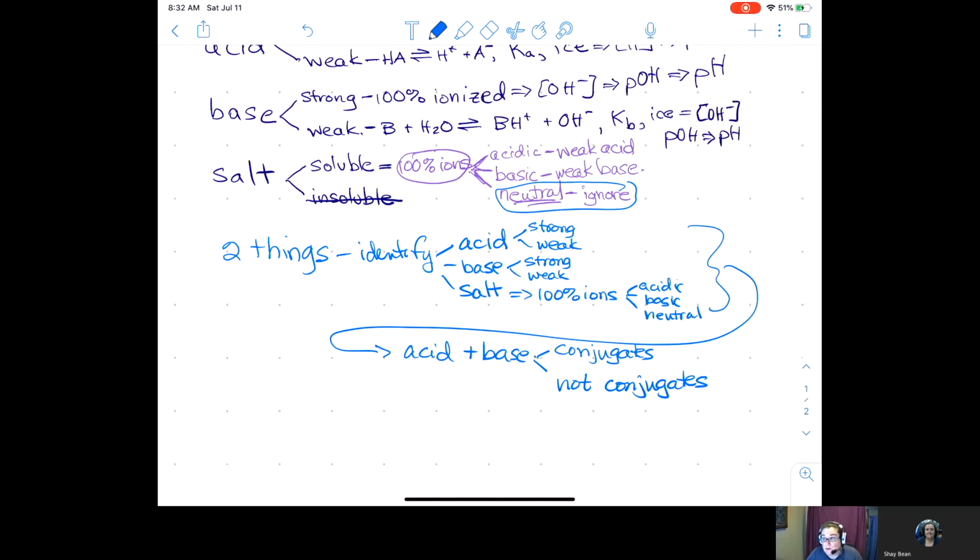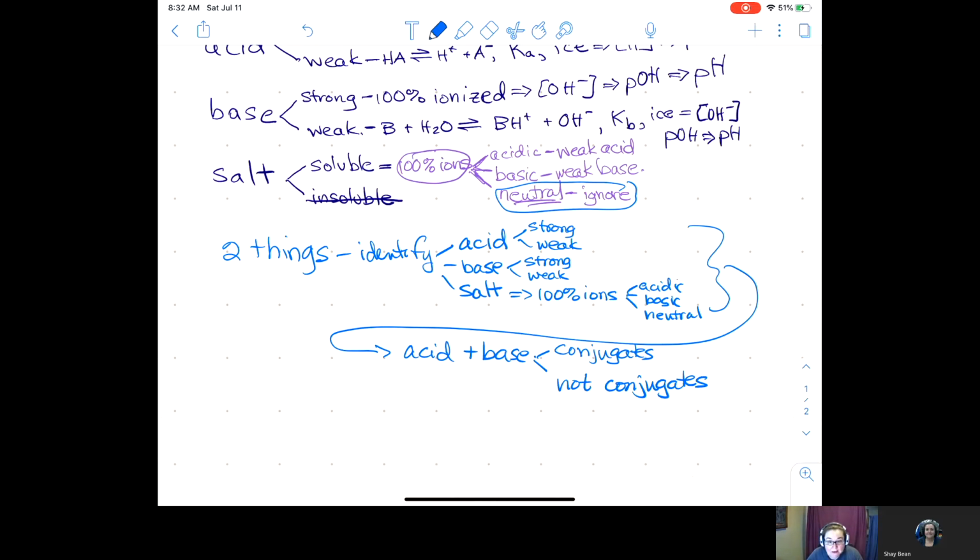This goes back to Module 6 when we first learned about conjugate acid-base pairs. Review that if you need to in order to be able to identify whether or not this is a conjugate acid-base pair. Because how you proceed with the question, what is the pH of, depends on you identifying whether or not this is a conjugate acid-base pair.